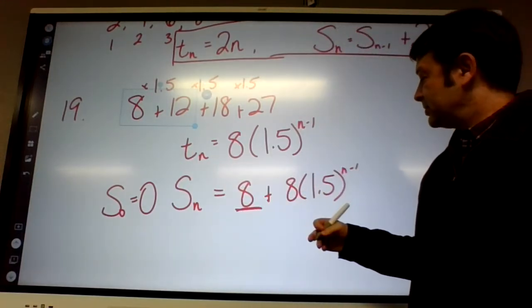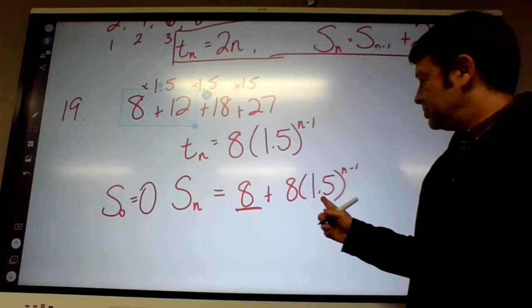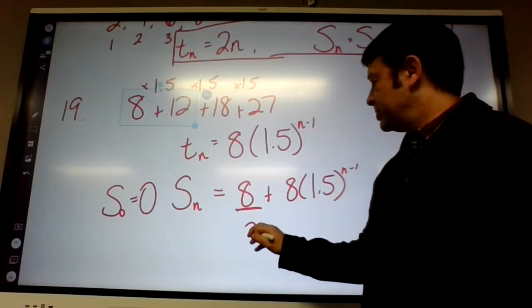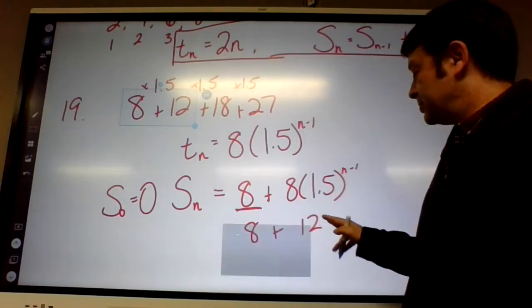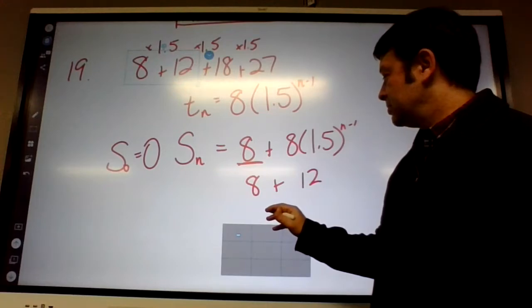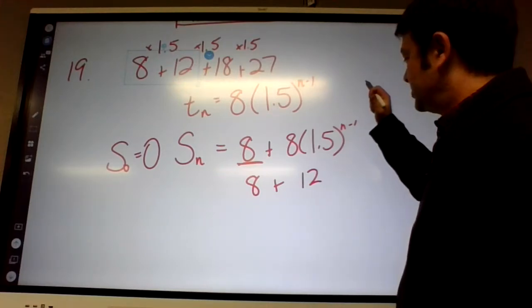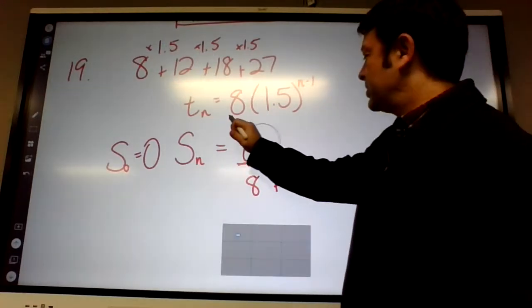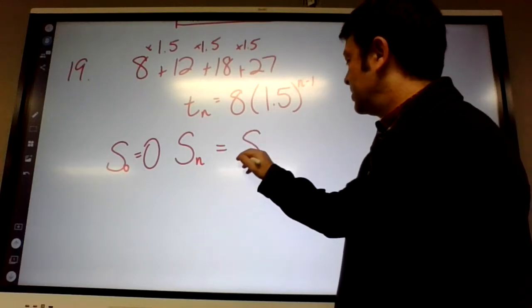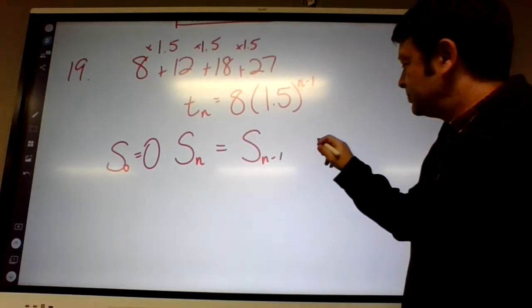No, that's not going to do it. Yes, it will do it. So it'd be 8 plus 12. Oh, I have to use S sub n minus 1. Okay, all right, my bad, I forgot what I was doing.